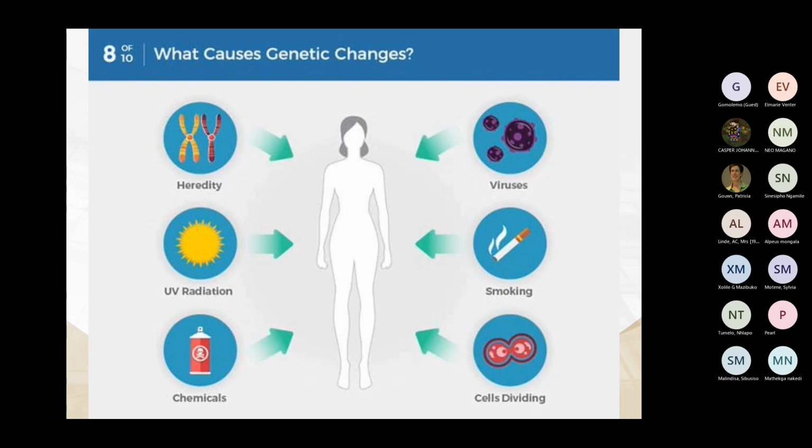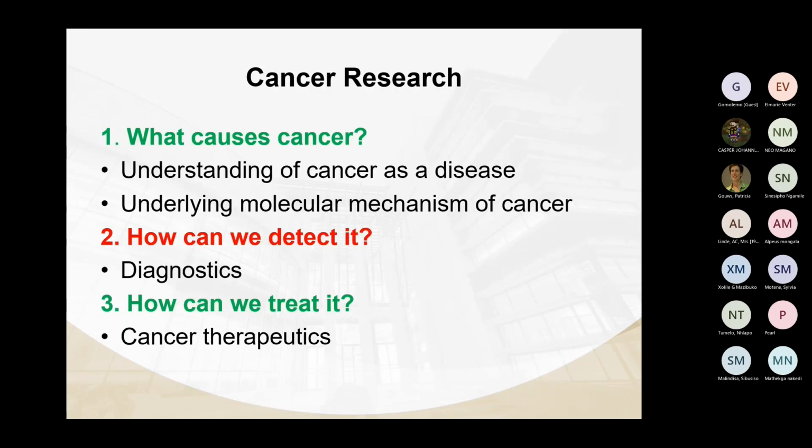For example, exposure to certain viruses, such as the human papillomavirus, which causes cervical cancer, or exposure to UV radiation. Too much sun is not good. Sometimes exposure to chemicals that are carcinogens, such as in mine dump areas and so on, are also culprits in causing cancer.